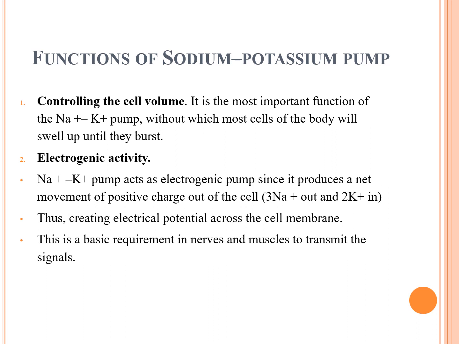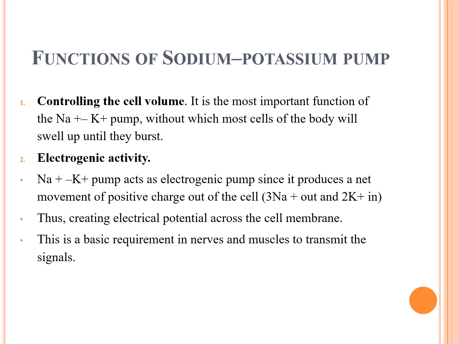What will happen? If there are more negative ions, they'll try to attract the positive ions from the high concentration side, that is sodium, potassium, and the other positive ions. With the sodium and other positive ions, the water will also move, which causes osmosis of water.